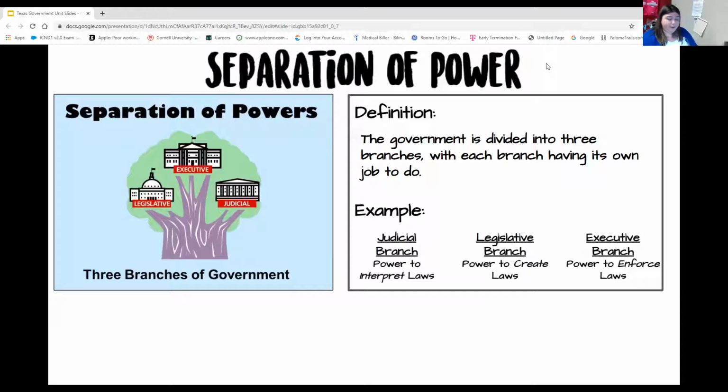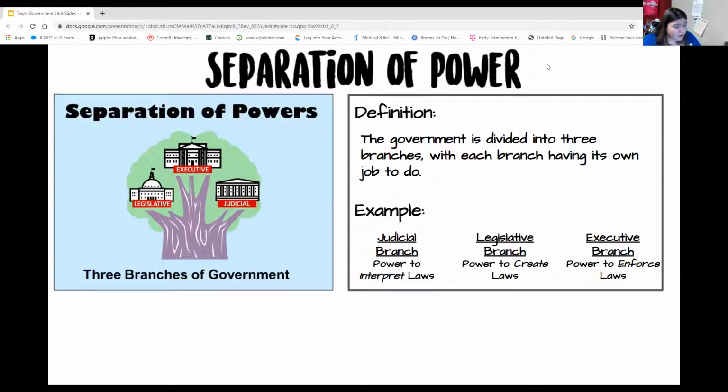Some examples are going to be the judicial branch. Remember, the judicial branch is going to be those judges where they judge the laws, they interpret the laws. The legislative branch, like I like to say, L for laws, power to create laws. The executive branch, power to enforce the laws.